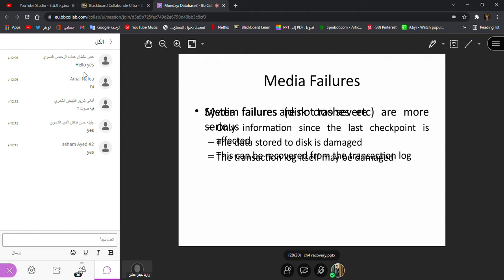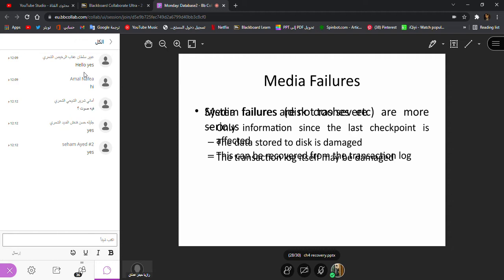That is a more serious problem, because in system crashes, we have the log, and our log is stored on some other place on the disk. It is not on the place where our database is. Actually, it is separately saved on a memory or disk.